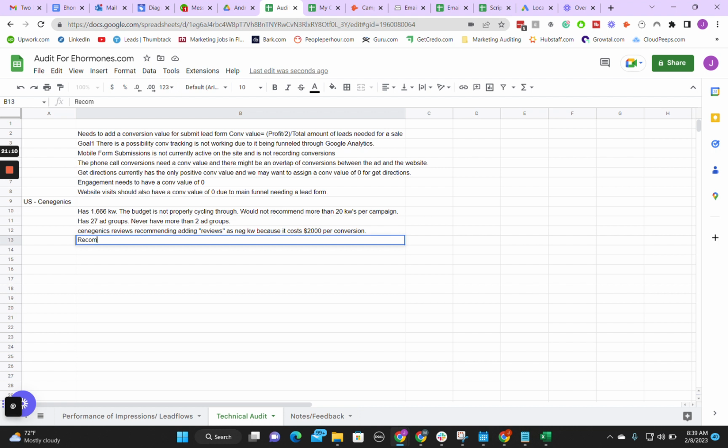So recommending using campaign-specific goals to identify what is working best, to target the correct conversion. Should be good enough.